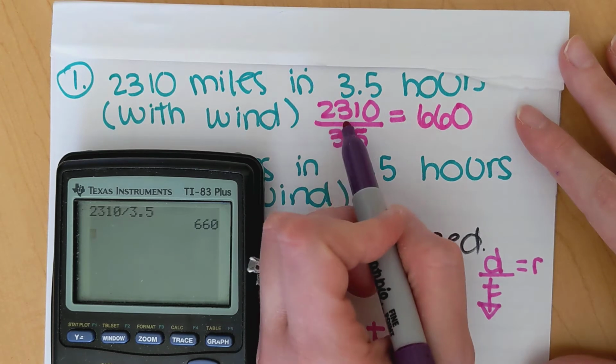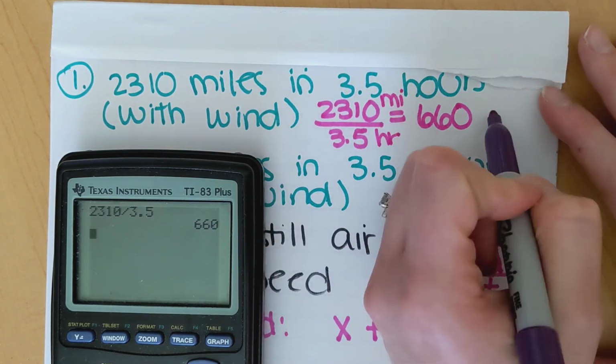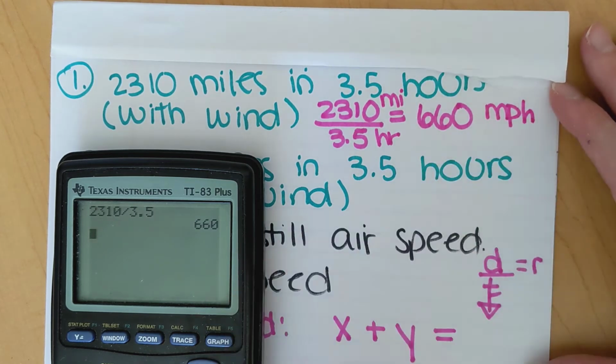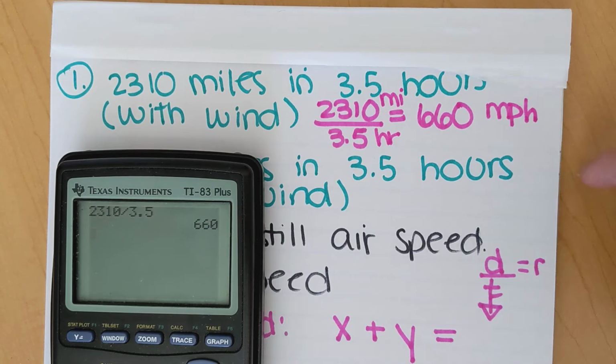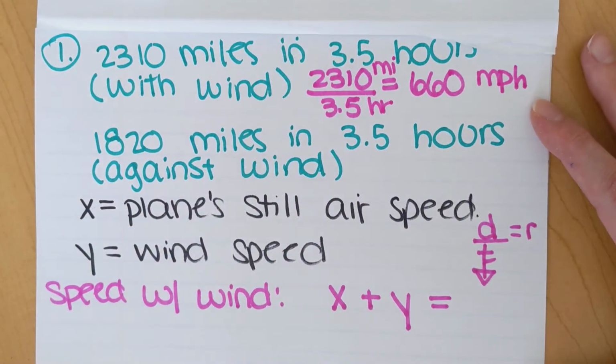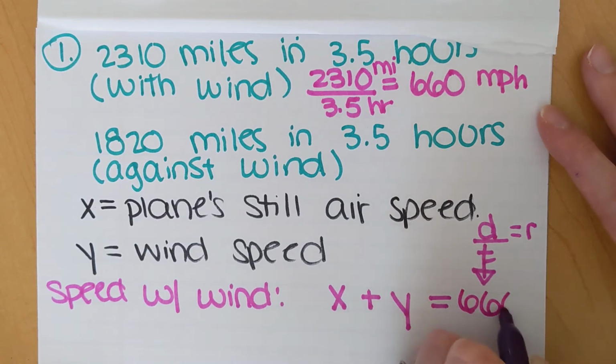And you'll notice here, the 2,310 number is in miles, the 3.5 is hours. So this is telling you that the plane speed with the wind is 660 miles per hour. So on the right-hand side here, when you're talking about the speed with the wind, you will have 660 for the speed with the wind.